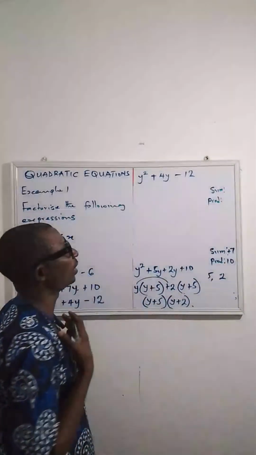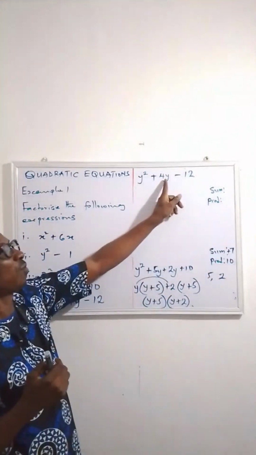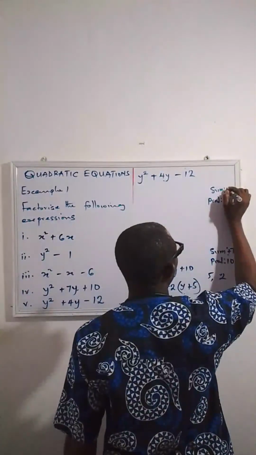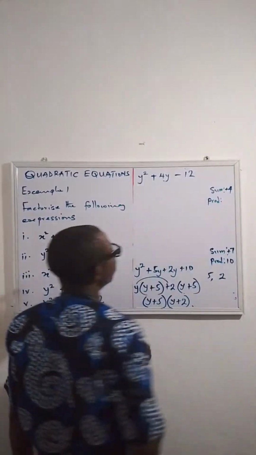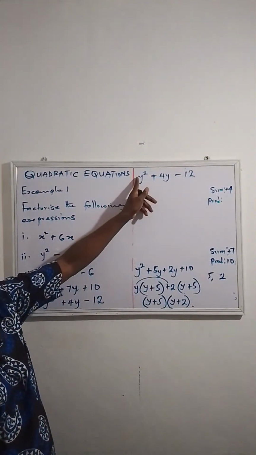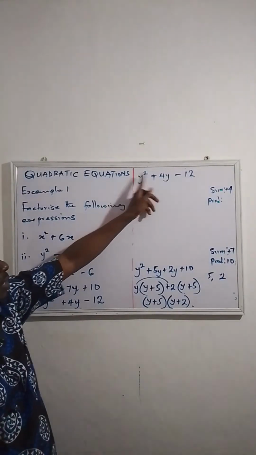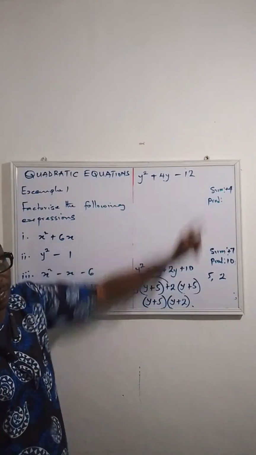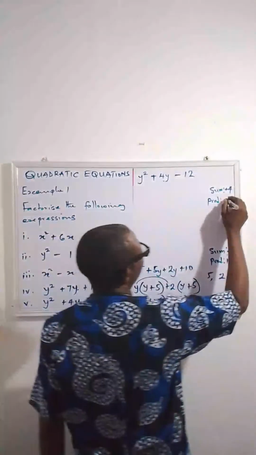The sum here is the coefficient of y, that is plus 4. The product is 1, the coefficient of y squared, times negative 12, and that gives us negative 12.